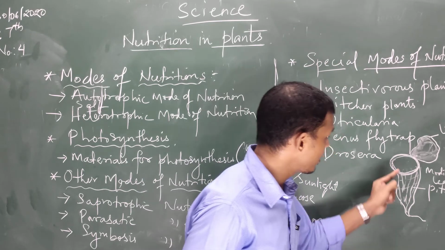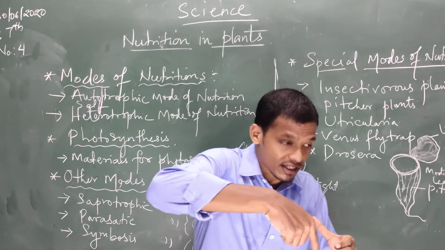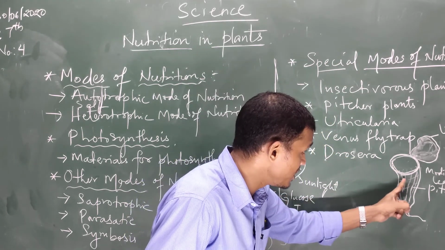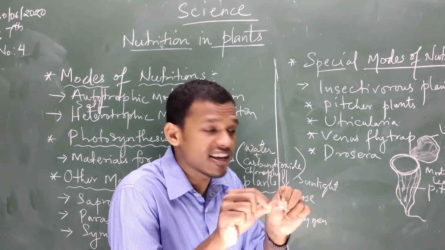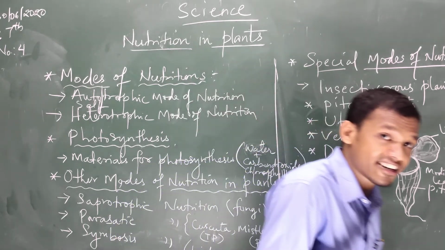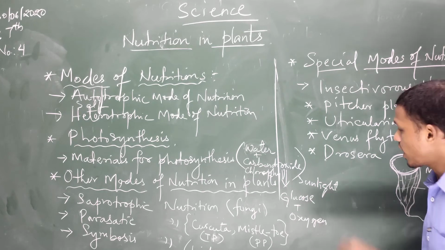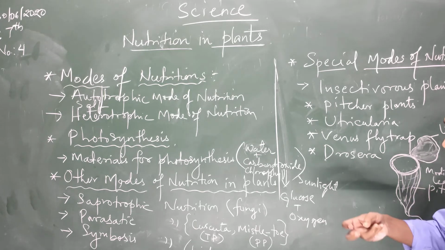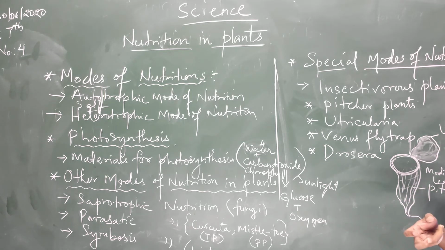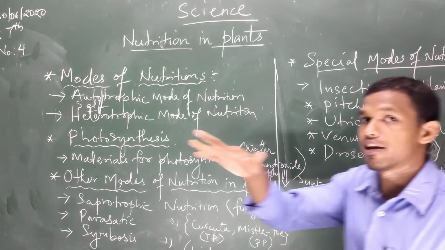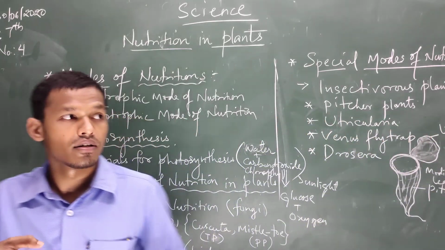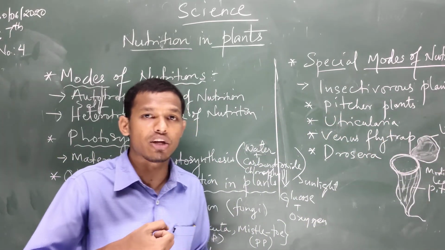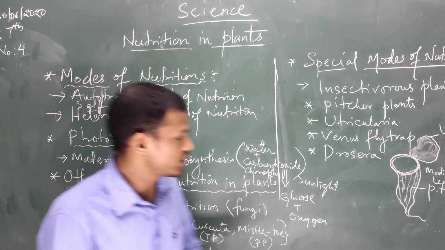On the inner surface of the pitcher there are small tiny hairs directed downwards. Insects fly here and there to observe some requirement. They require some juice of this plant.